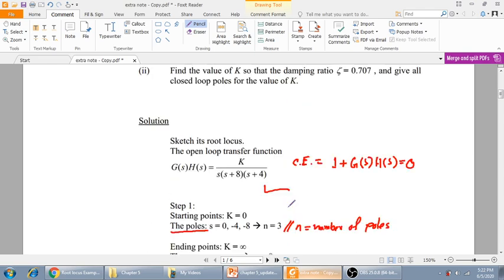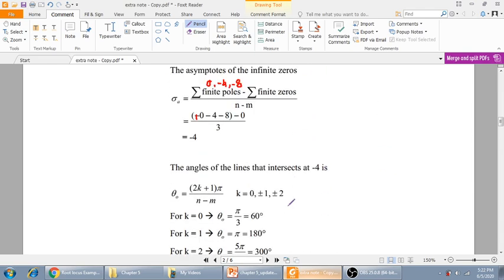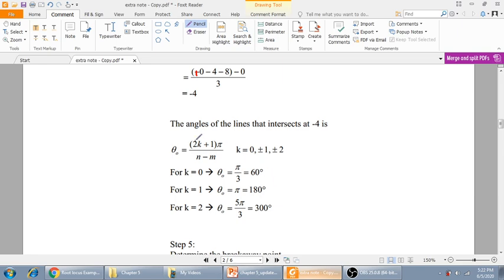In this case they mention it just as a variable. You can consider it x also, it is up to you. But this capital K and this small k are different, they are not the same. That is the gain, and this is just a variable here. You can consider maybe x.